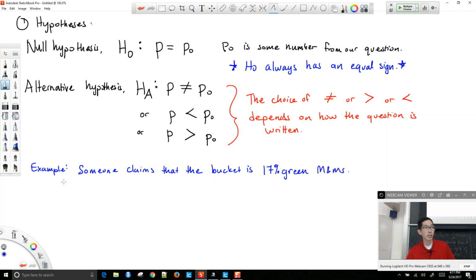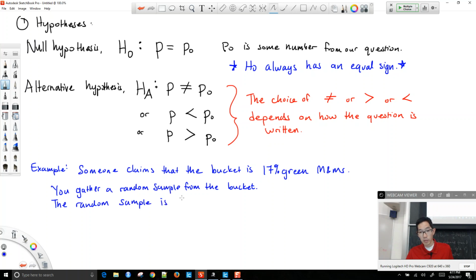All right? And then you gather a random sample from the bucket. We'll say the random sample has 120 pieces. And 25 pieces are green.